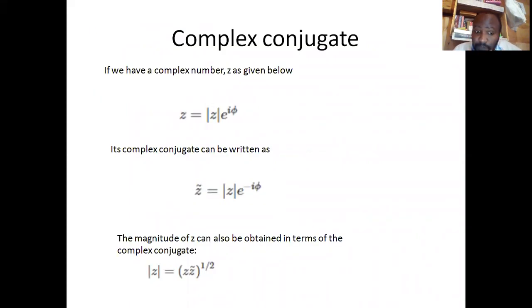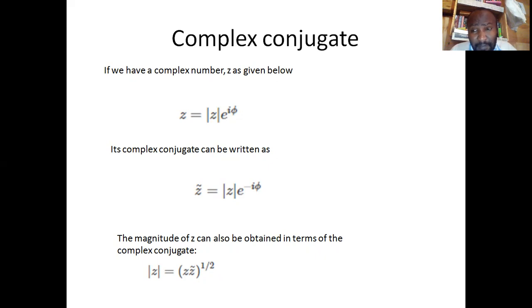So we are almost closing up. But when we are talking of complex numbers, we cannot stop until we also talk of the complex conjugate of a number.